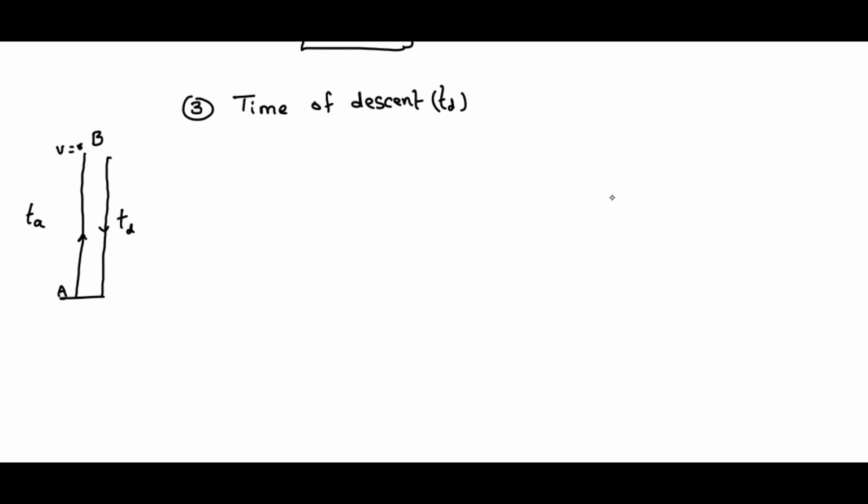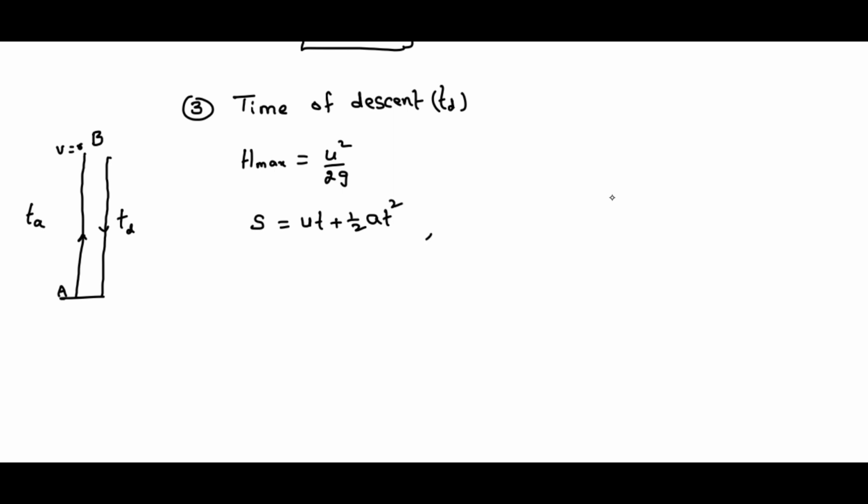Here we know H maximum is equal to u square by 2g, and I am using s is equal to ut plus half at square in the case of downward motion.